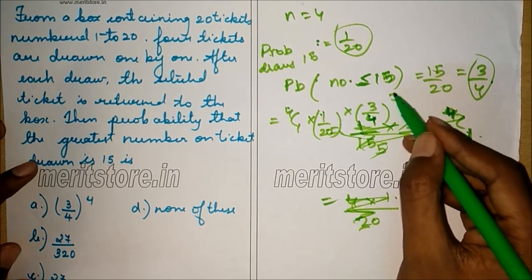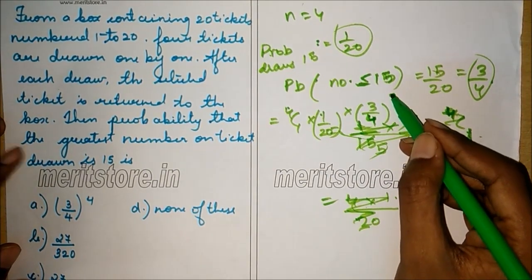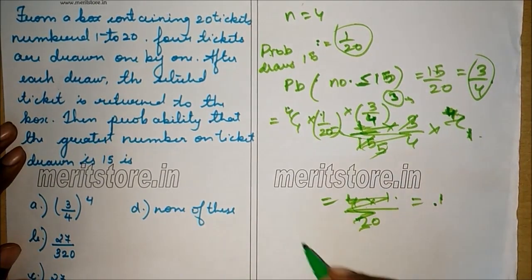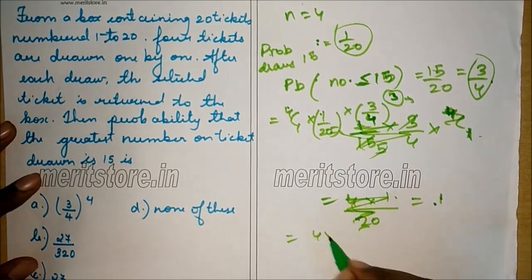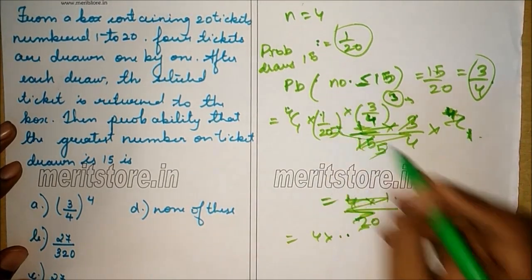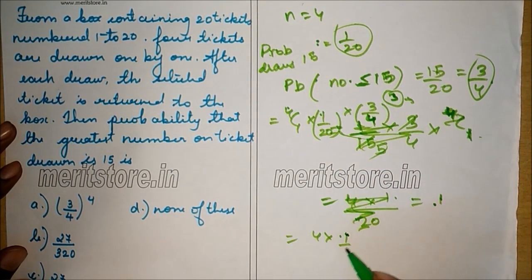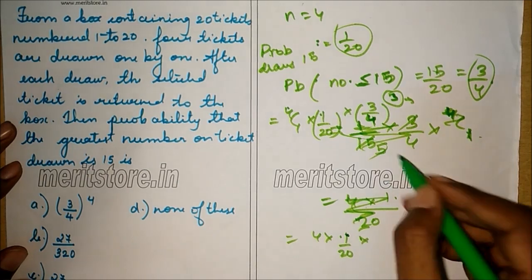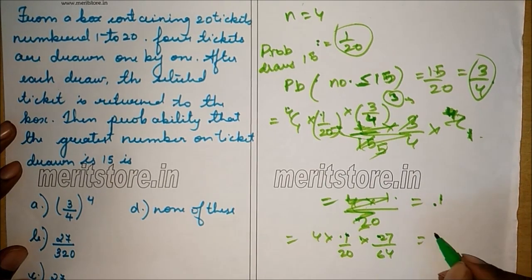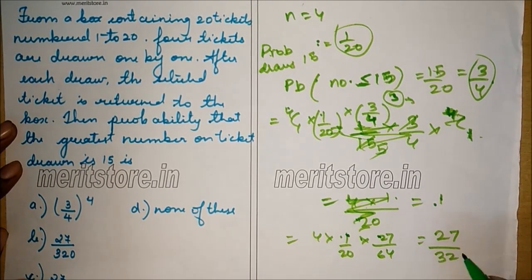So this will be 3 by 4 cube because this indicates the remaining 3 cards. So the answer will be 4 into 1 by 20 into 3 cube by 4 cube, that is 27 by 64. So the final answer will be 27 by 320, which is option B.